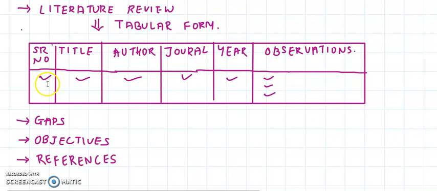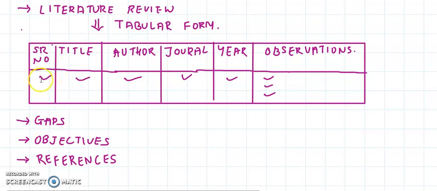For one research paper that you select, you will have a single entry over here: a single entry for the title, a single entry for the author's name, for the name of the journal, and the year of the publication. But the observations will be multiple observations from this research paper.